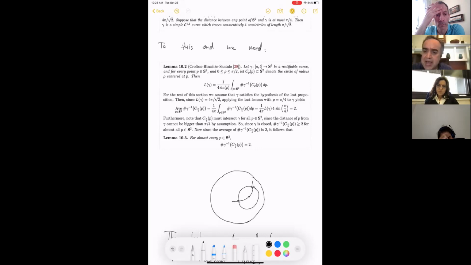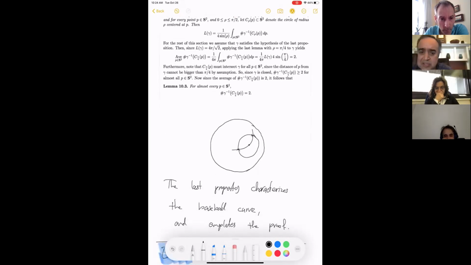Now the projection has the property that it intersects every circle of some fixed radius, that radius is actually pi over radical 2, in exactly 2 points. And that characterizes the baseball curve. So the baseball curve is the only curve on the sphere which contains the origin in its convex hull and intersects every circle of this radius exactly twice. And this is the picture that I have drawn.